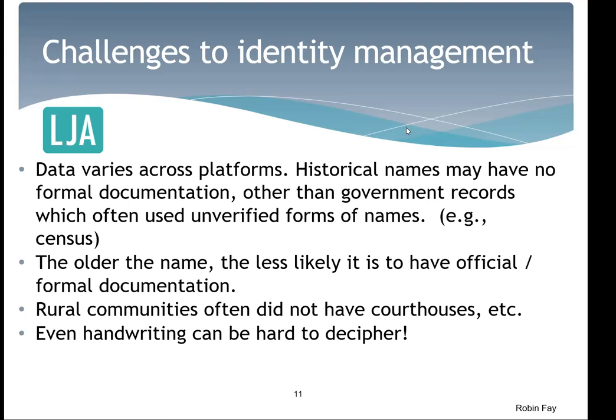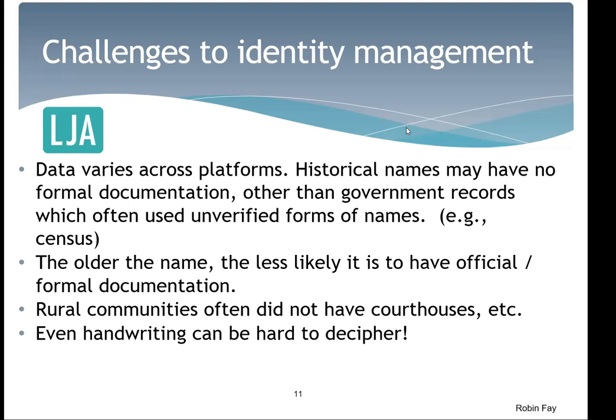The older the name is, the less likely it is to have official or formal documentation. If you've done any kind of historical or family research, it gets spotty the older you go, and it may depend upon what county has something, what state has something, what country has something, in terms of how much information is collected.